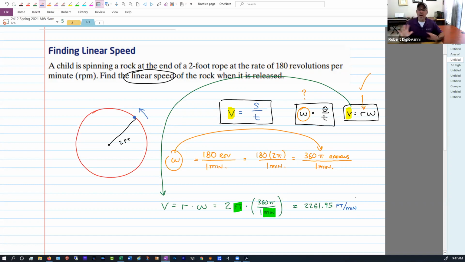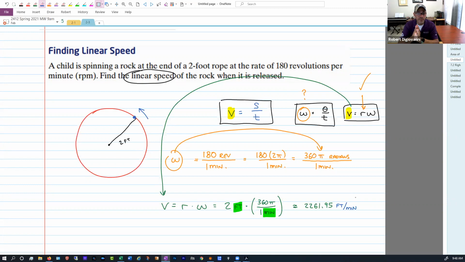The radians is not there. Remember, I don't write the radians. That's why radians are so nice to use. It's what we call a unitless measurement. You don't have to put the unit there. So you have 2,261.95 feet per minute is the linear speed of that rock.